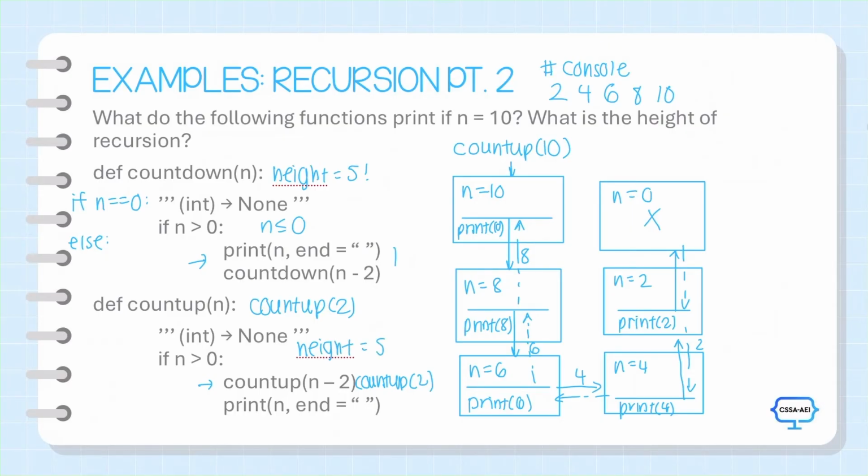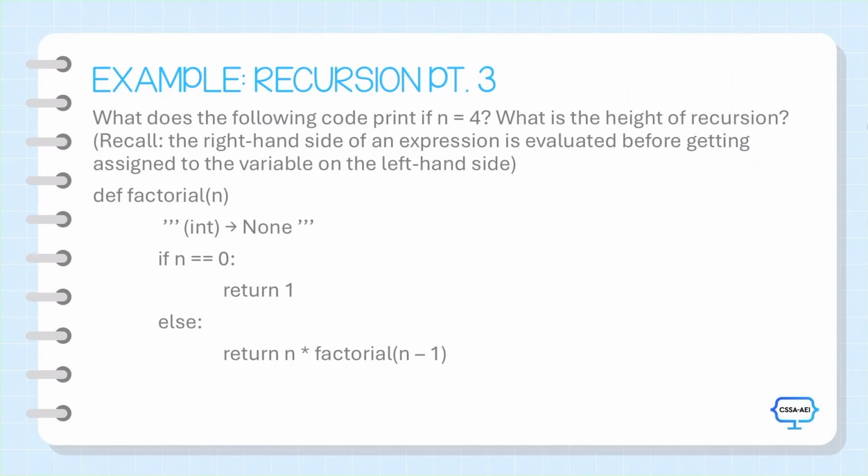Our next example is a classic recursion example. It's factorials. If you don't know, n factorial is n times n minus 1 times n minus 2 and so on, which is the same as n times n minus 1 factorial.